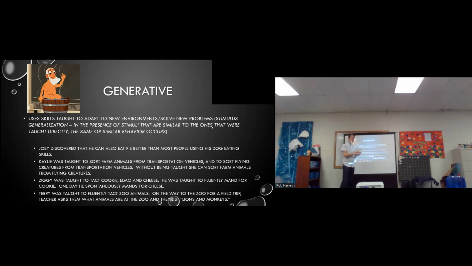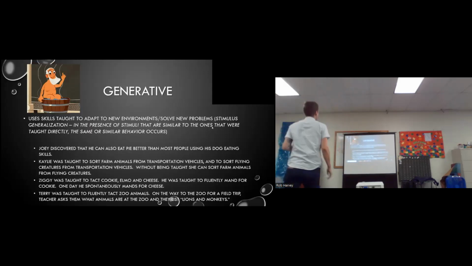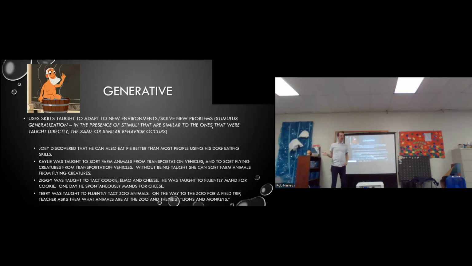And you taught them so well that they're then able to apply that to different situations. So that's kind of the difference between generative and the last one, which was applicable. Applicable just means you can move it to different environments. This creates new skills altogether, okay?